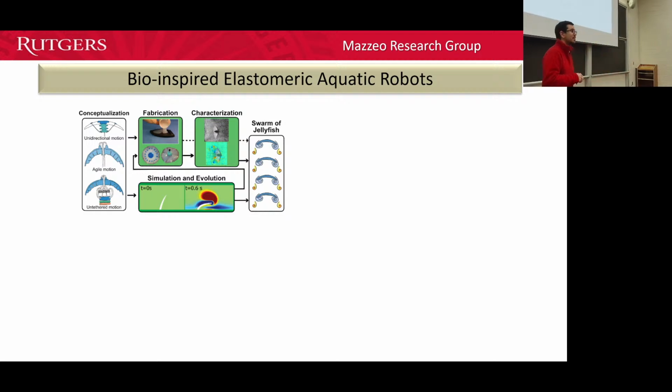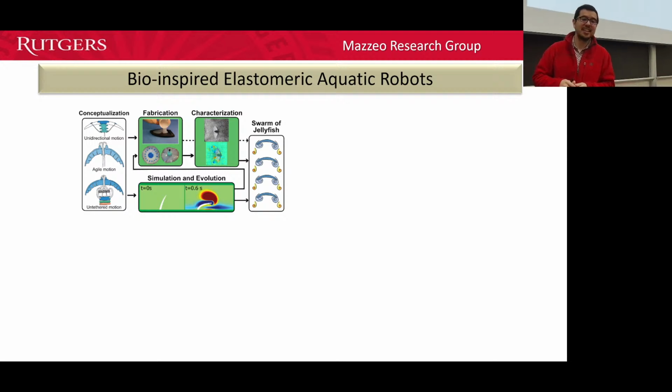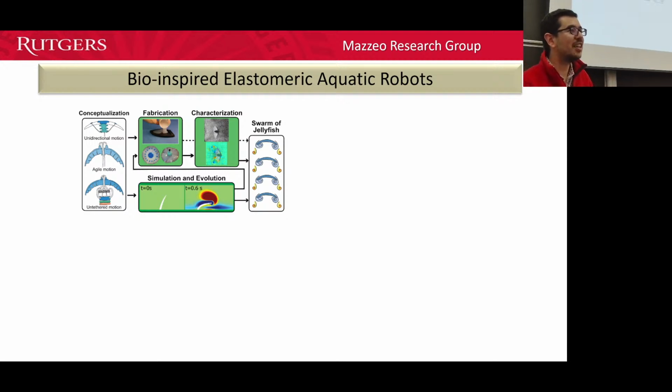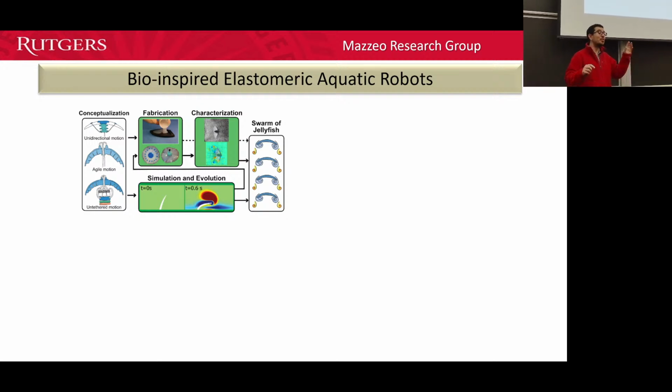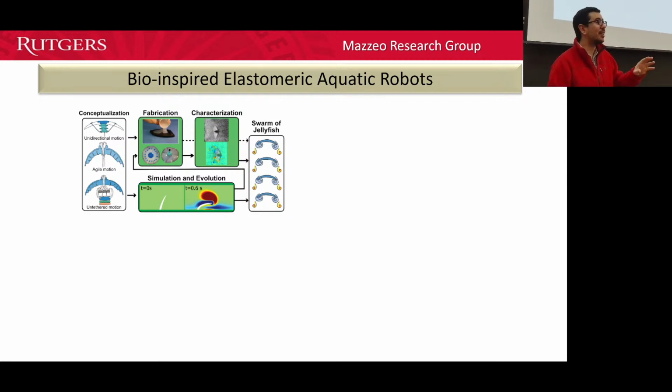Octopus. Why octopus? Yes, right. Eight arms, and you can do some crazy things. Back in 1994, Suzumori in Japan created these awesome octopus-like tentacles.